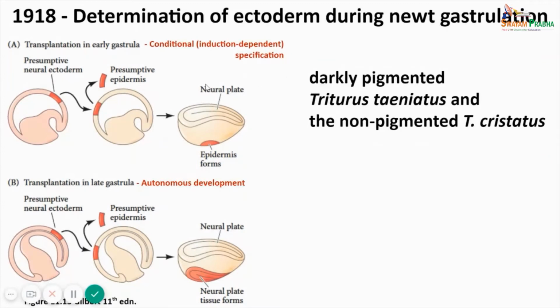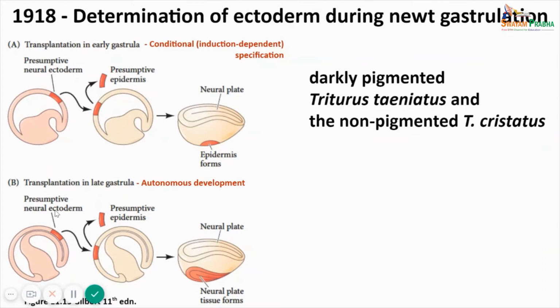So in this experiment, prospective neural ectodermal cells of an early gastrula of one species, when transplanted into the prospective epidermal region of the gastrula of the other species, gave rise to the epidermal structures only.